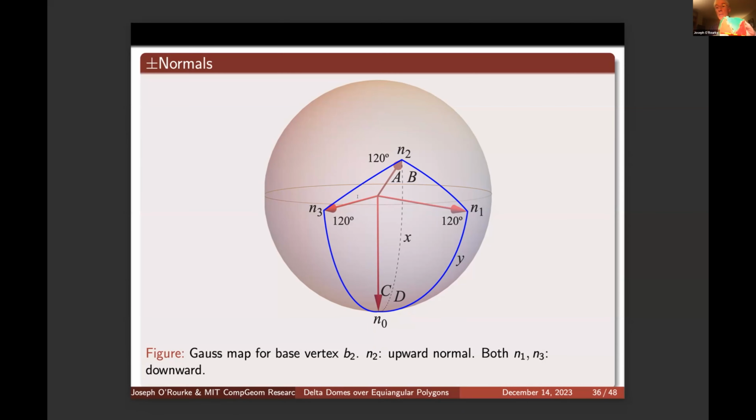And again, what that means here is the green triangle, its normal vector, let's see, here's a pencil. Its normal vector points up, and the red triangle points down. So this picture is what we want to prove happens, and the proof is by spherical trigonometry, and it's not simple, but it's in some sense elementary.